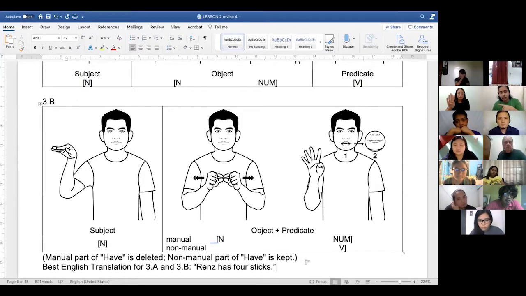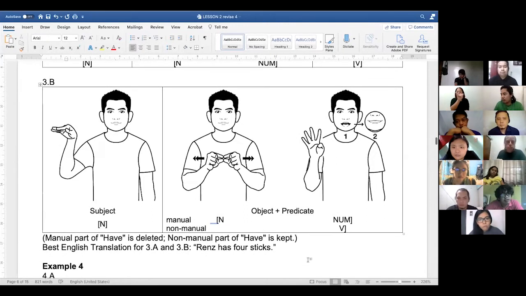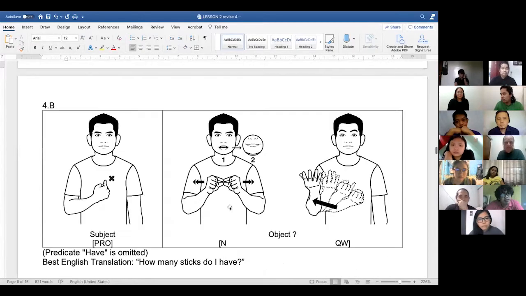So manual, non-manual, object plus predicate. Okay, so that needs to be the same in 4B. Including the manual, non-manual, that part as well.